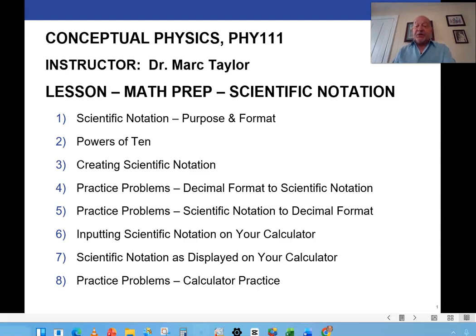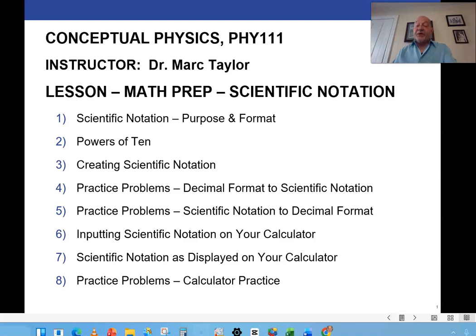To do this, you'll need to find two very specific buttons on your calculator. The Enter Exponent button, which allows you to input simple scientific notation values, and the Change Sign button, which allows you to change positive sign numbers to negative sign numbers and vice versa.